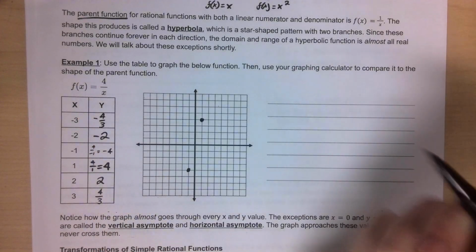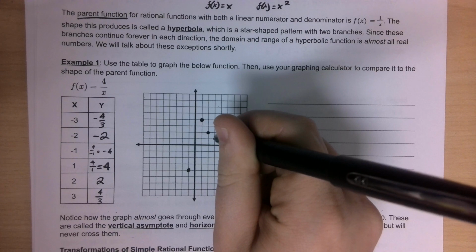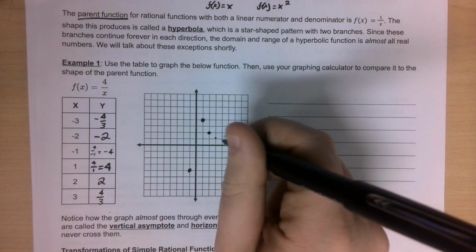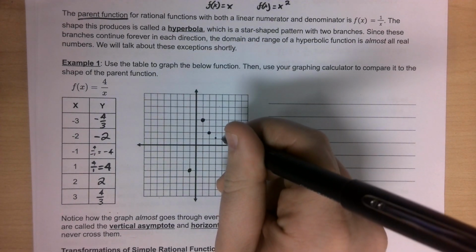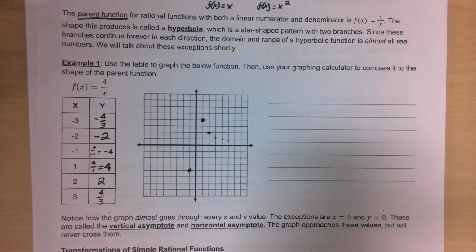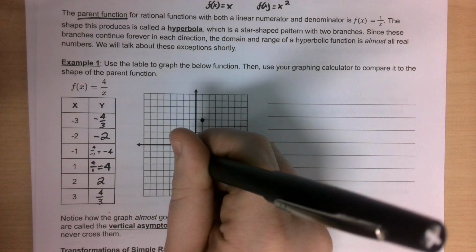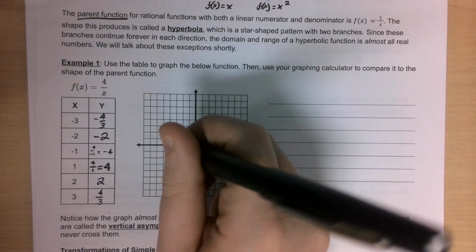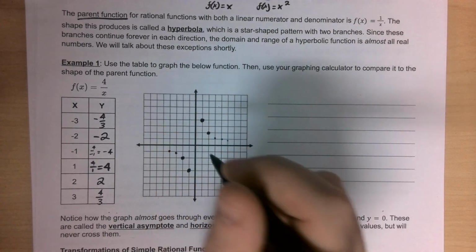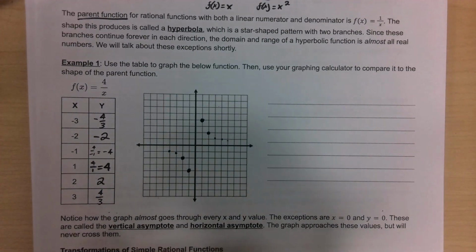So if we were to graph all of these, we can graph (2, 2), (3, 4/3). 4 thirds is just 1 1/3. And we can keep going on and on with the pattern, like 4 over 4 is 1, 4 over 5 is just 4/5, and so on. We can also continue in the negative direction, where (negative 2, negative 2) is a point, (negative 3, negative 4/3) is a point, (negative 4, negative 1) is a point, and so on and so forth. So we can continue this forever.